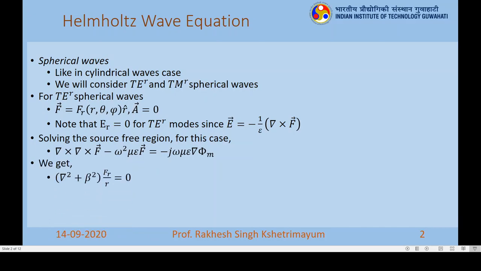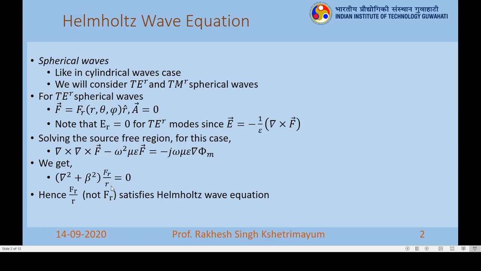And when we solve it, after doing some mathematical manipulations, you'll observe that this gives the Helmholtz wave equation, like del square plus beta square of Fr by r is equal to 0. So the previous wave equation for source-free region, when we have TEr spherical waves with F equal to the Fr component, A equal to 0, what we are getting is that the Helmholtz wave equation is satisfied by Fr by r.